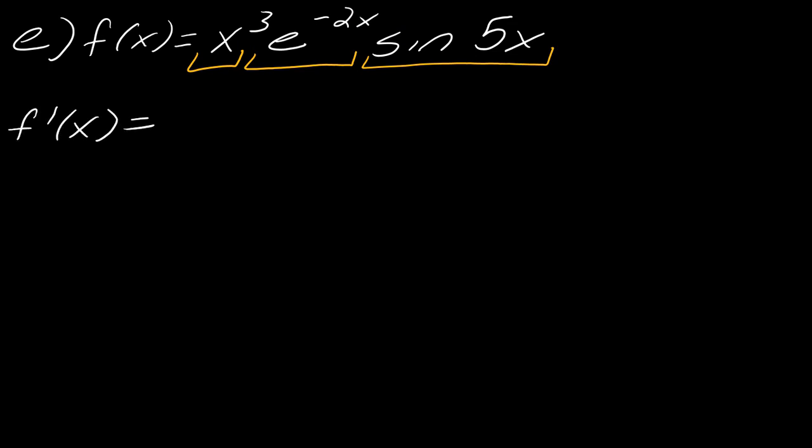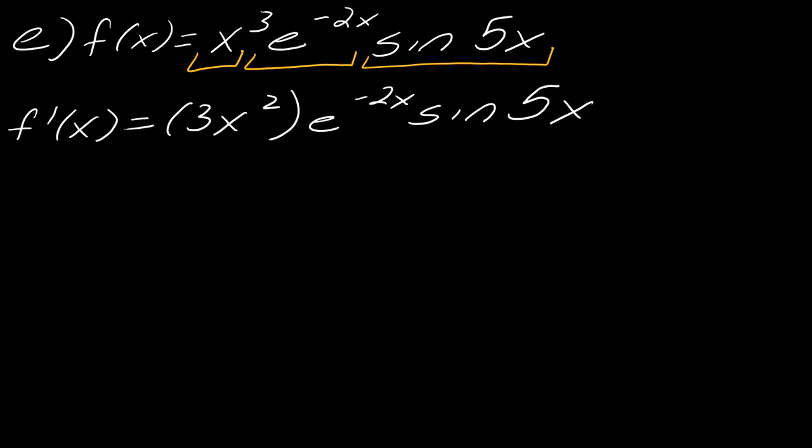Okay, so we'll start with this first function, x cubed. Taking the derivative of x cubed is 3x squared, and the rest of this we just leave alone. So we don't do anything to the rest of this. Okay, so that's the derivative of the first one. Now I'm going to leave x cubed alone, and make my way over to working on this function here. Now you can see if I take the derivative of this, I'm going to have to use a chain rule.